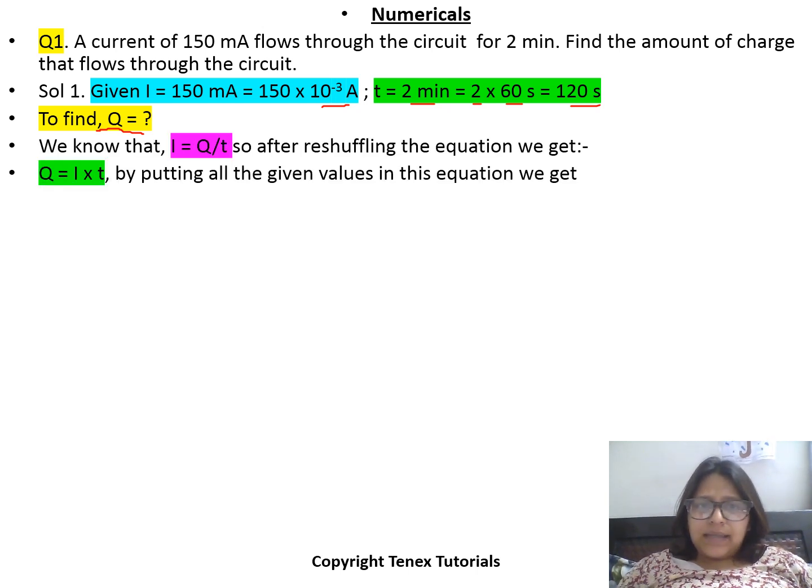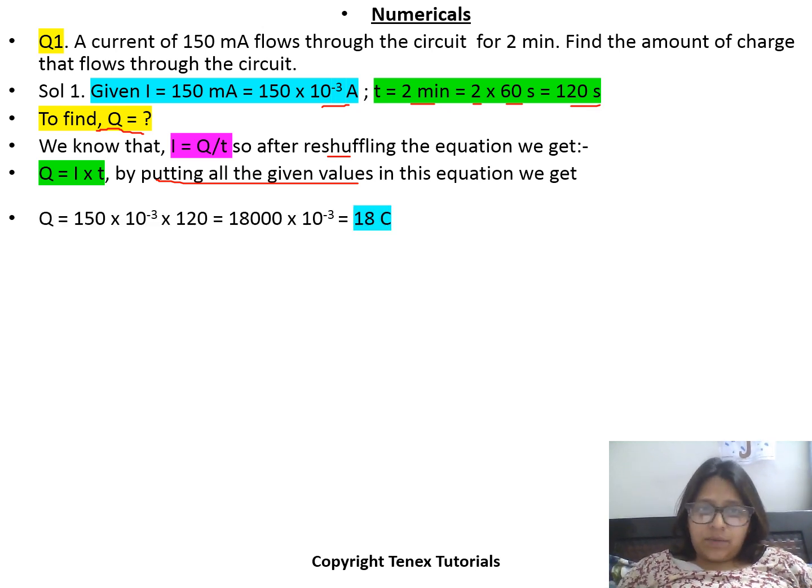We know that I is equal to Q upon T. If we reshuffle this equation a little, we get Q is equal to I into T. By putting all the given values in this equation, we get Q is equal to 150 into 10 raised to power minus 3 ampere into 120 seconds.